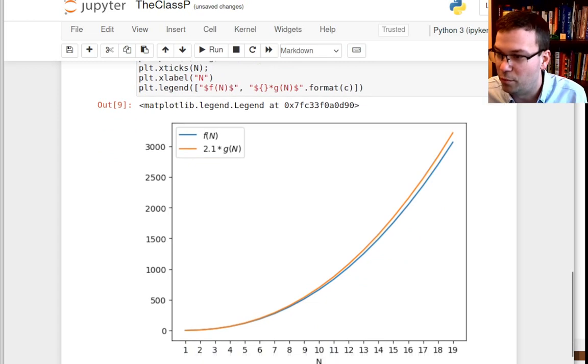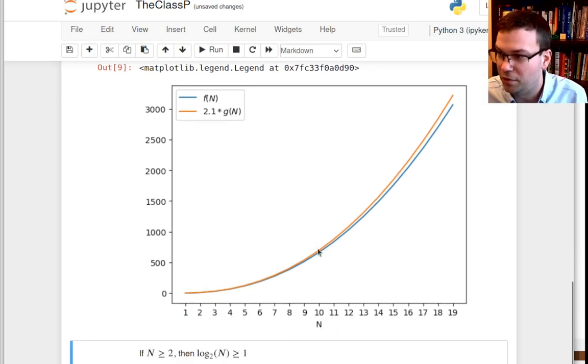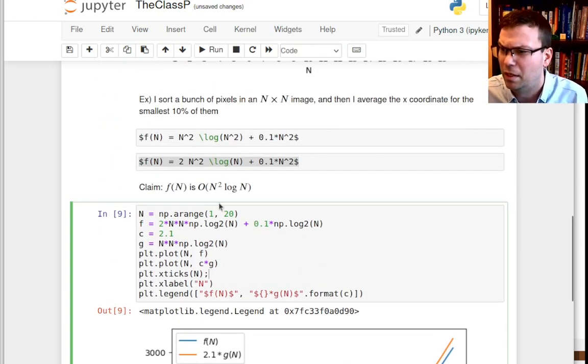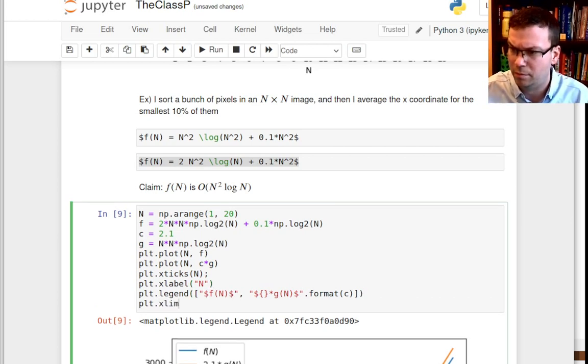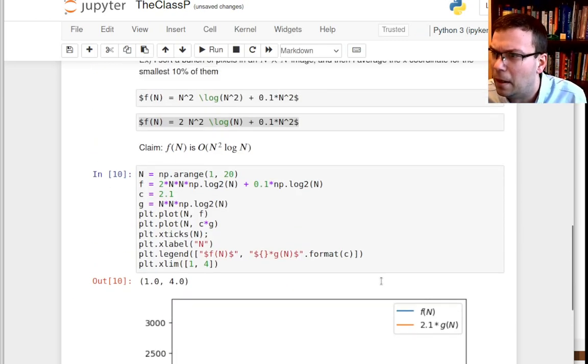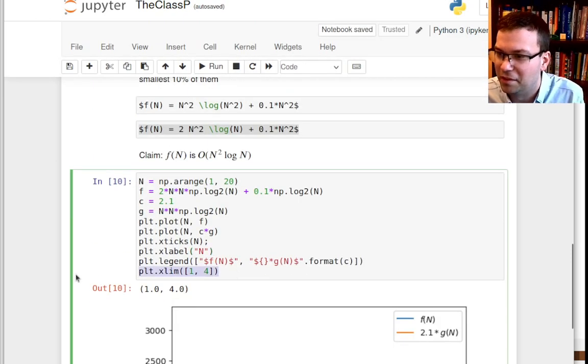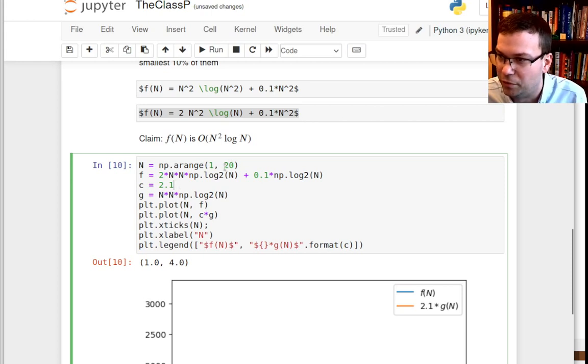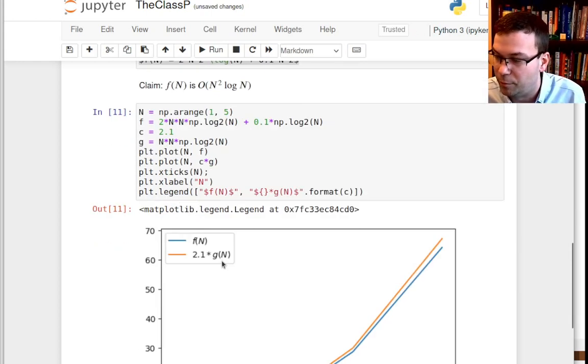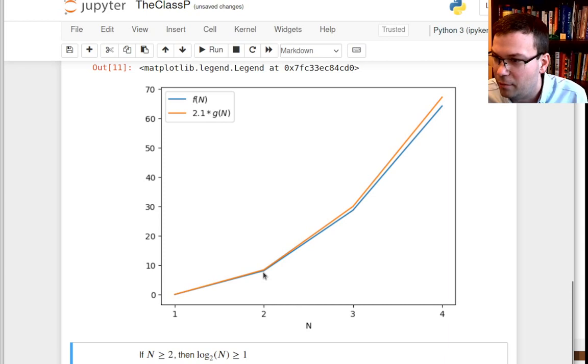If I make it 2.1, then yes, supposedly past 2, it's going to beat it, and you can see that's happening. If I zoom in a little bit here, let me say plot.xlim, maybe between 1 and 4. Actually, it got the y limit messed up here, so I'll just go from 1 to 5, maybe. So yeah, certainly past 2, you can see it pulls away.